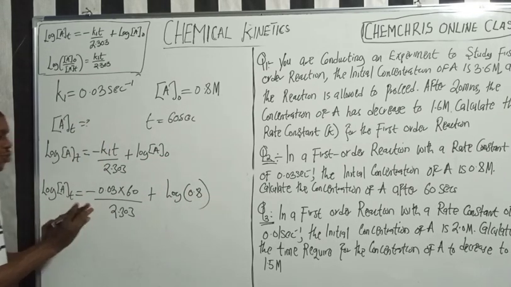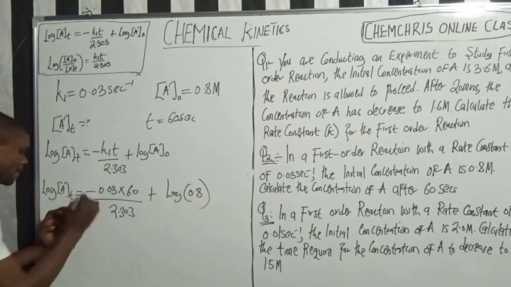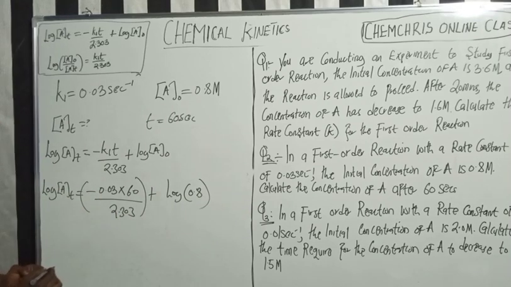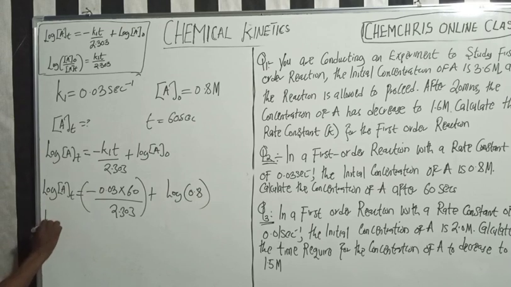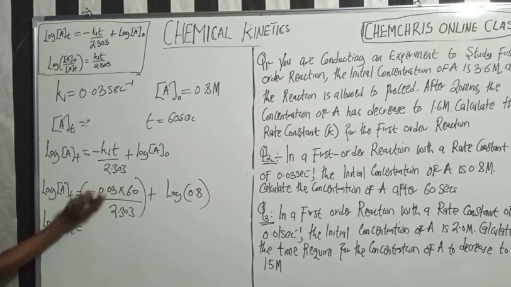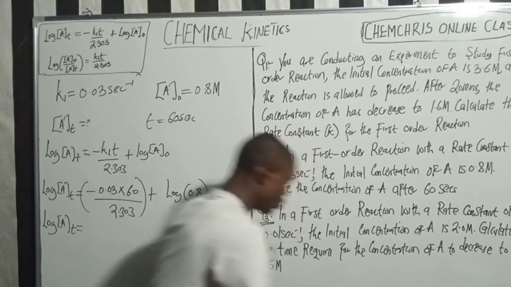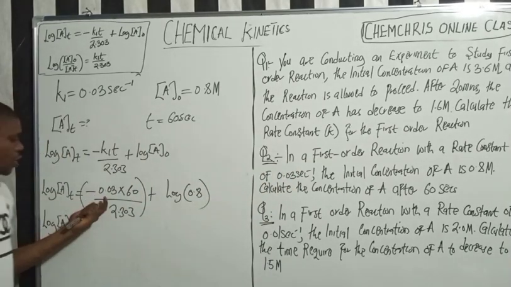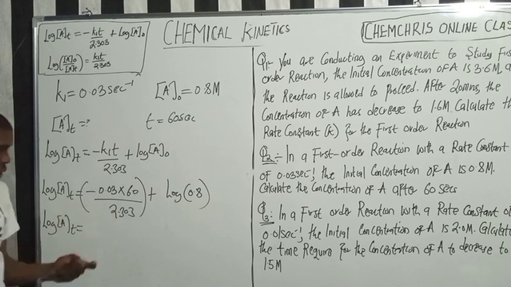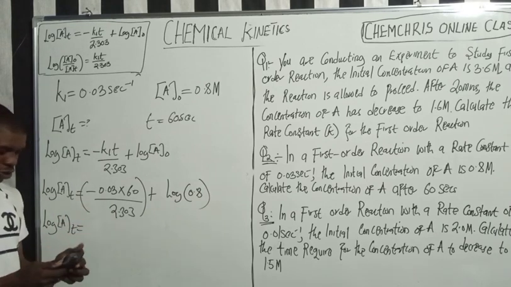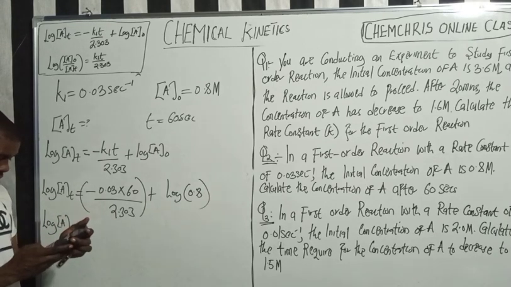So what I want to do here is treat it as separate entities. Is it okay? Here we have log A_t equals what? Now I want to work out this part separately. It will be 0.03 times 60 divided by 2.303. So it's going to be 0.03 times 60 divided by 2.303, right?